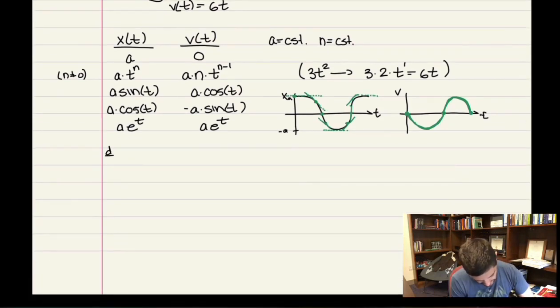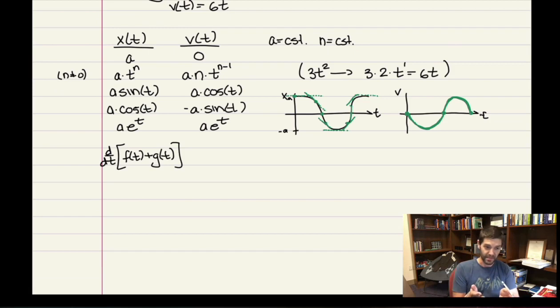The only other thing we need to really know right here is that suppose I have multiple functions, which could just be multiple terms, and I'll do an example of this right after this. The only thing we need to remember is that the derivative distributes across terms. So if you have a bunch of different terms and you want the derivative, you can take the derivative of each term individually.